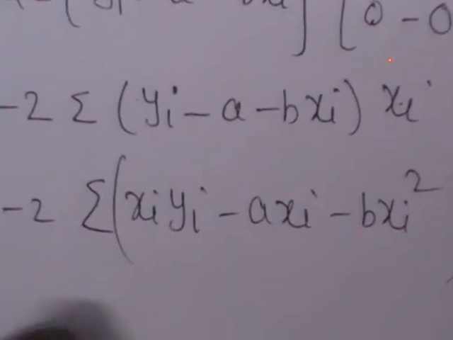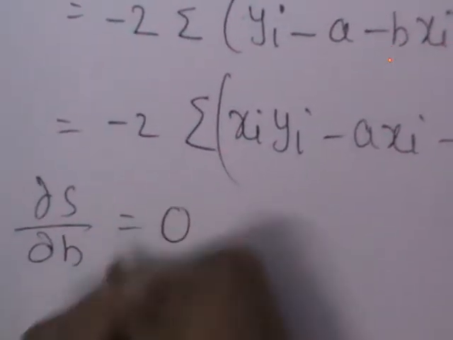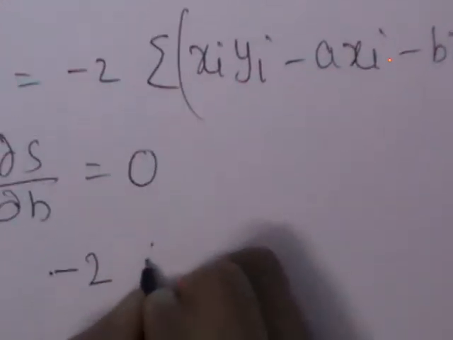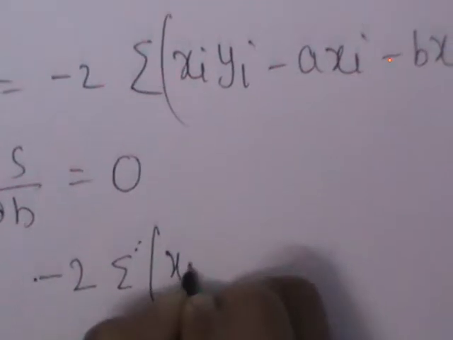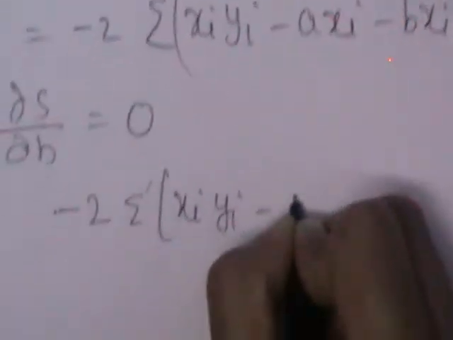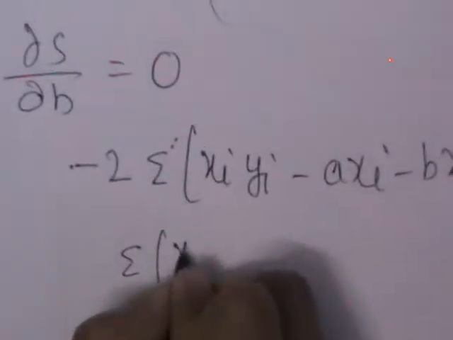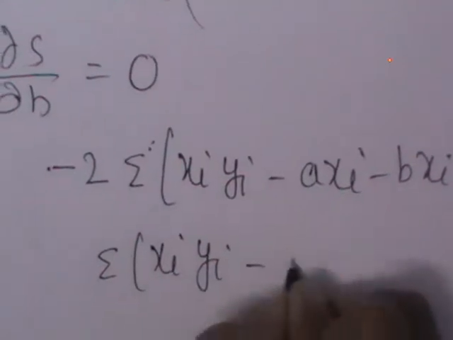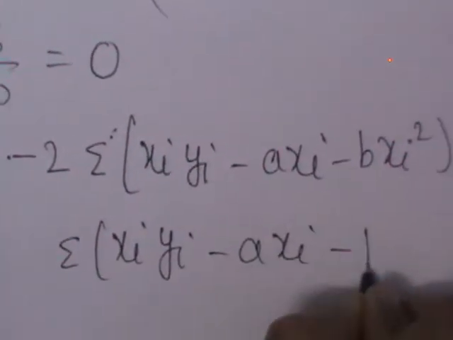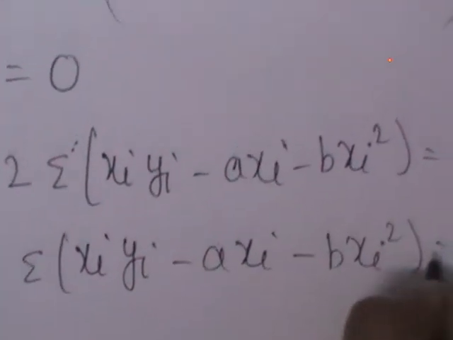So I hope dou S by dou b should be equated to 0. That is, you will get minus 2 sigma xi yi minus axi minus bxi square is 0. So you will get sigma xi yi minus axi minus bxi square is equal to 0.